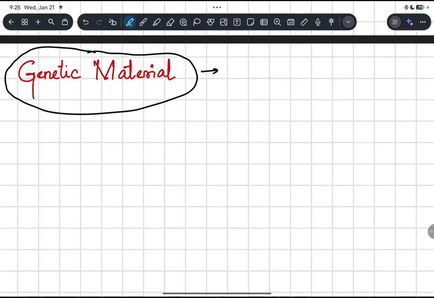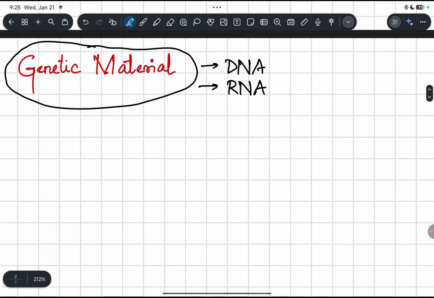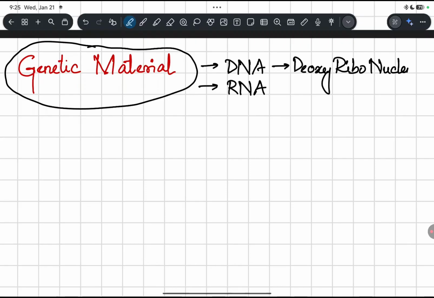Okay, so let's understand about genetic material. In genetic material, there is DNA, there is RNA. DNA is deoxyribonucleic acid, and RNA is simply ribonucleic acid.